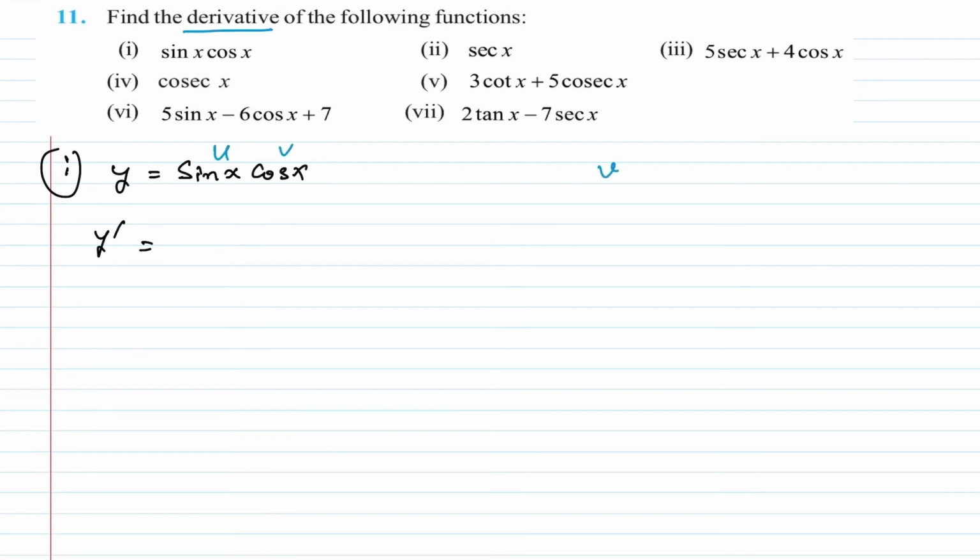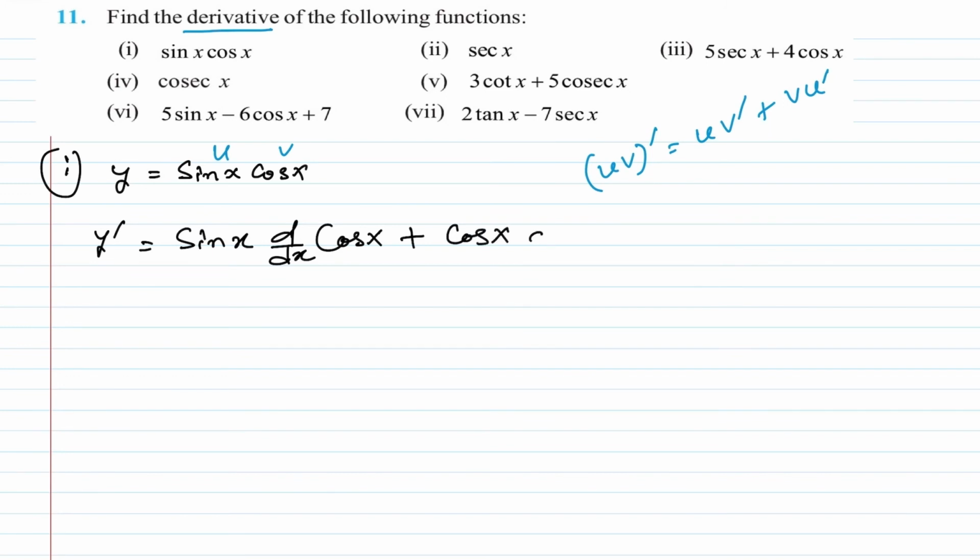We know the derivative of u into v, where u and v are functions of x, is u derivative of v plus v derivative of u, that means first function into derivative of second plus second function into derivative of first. So we're going to apply that. Here sin x derivative of cos x plus cos x derivative of sin x.